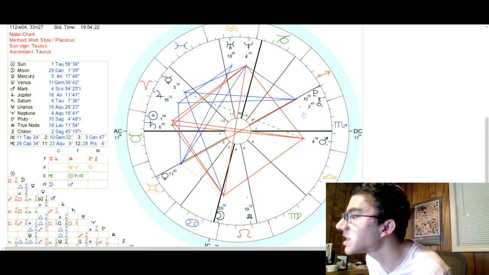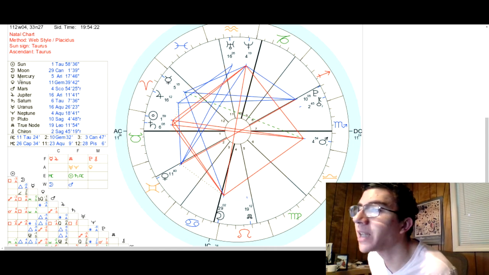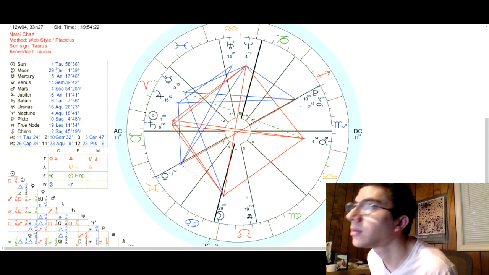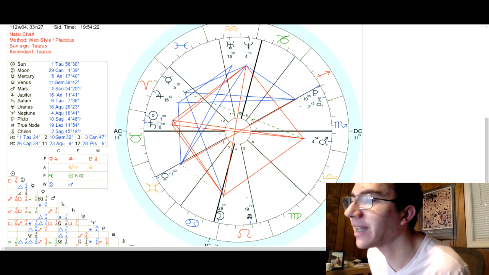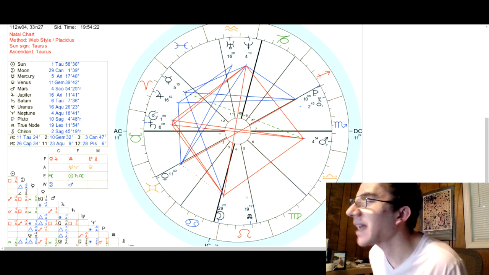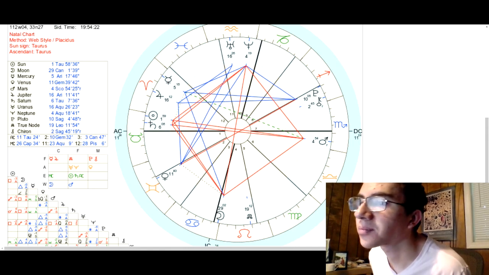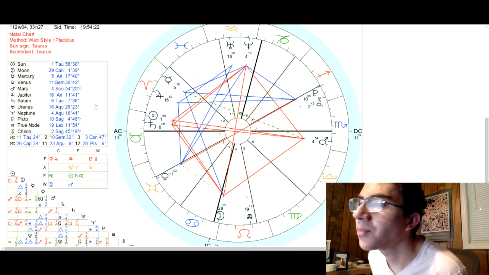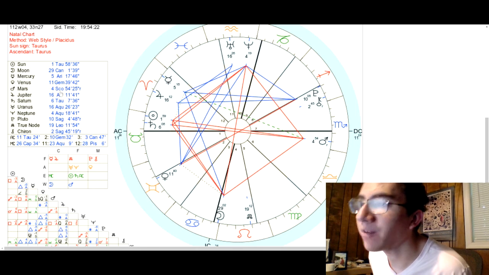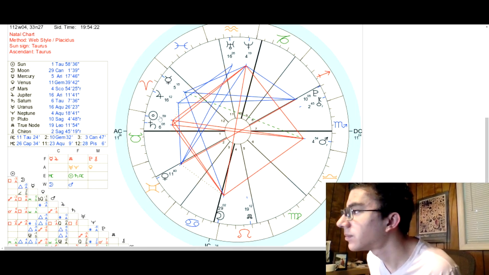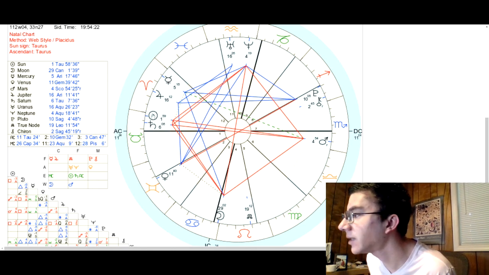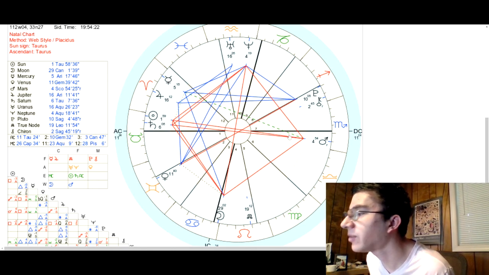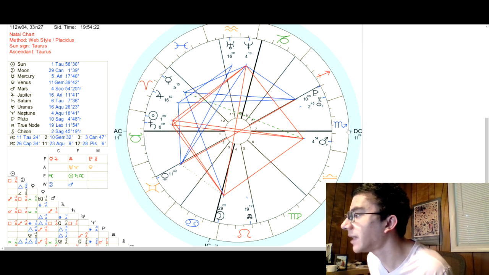So let's look at the sun in Taurus here, and then we have Mars in Scorpio. So here's the sun opposite. We follow that line: sun in Taurus, Mars in Scorpio.